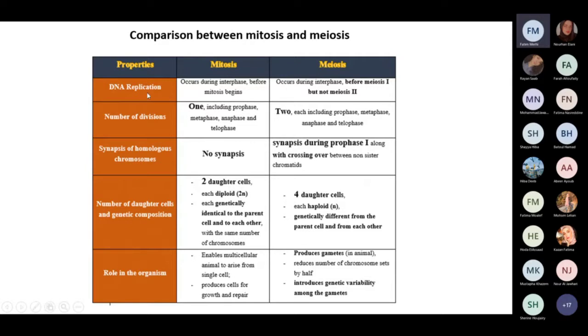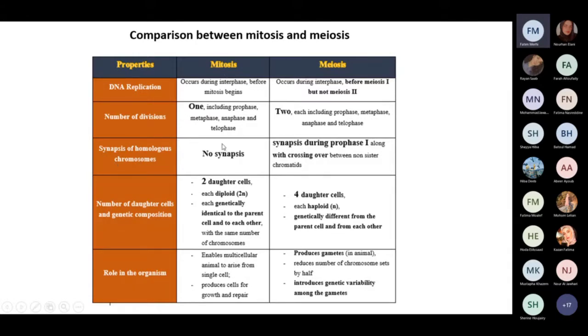Okay, but the DNA replication in the meiosis occurs only before the meiosis 1, not before the meiosis 2. In the mitosis, we have 1 division, which has the prophase, metaphase, anaphase, and telophase. But in the meiosis, we have 2 divisions. We have the meiosis 1 and the meiosis 2. Each one of them includes a prophase, metaphase, anaphase, and telophase.